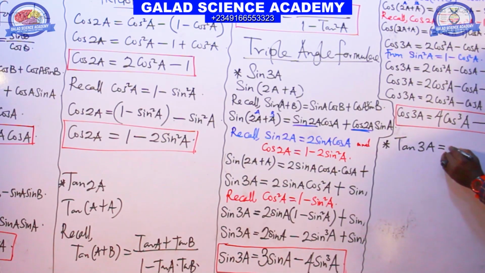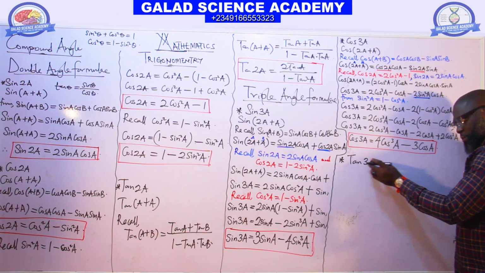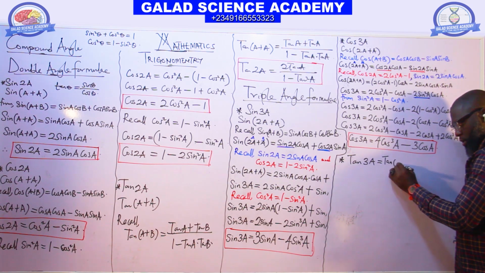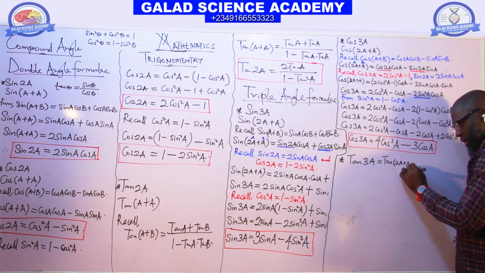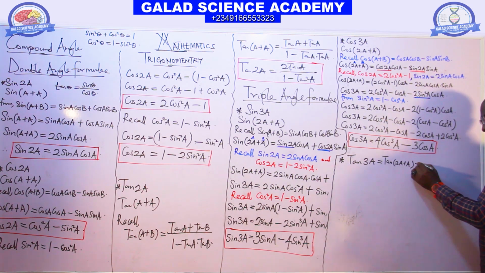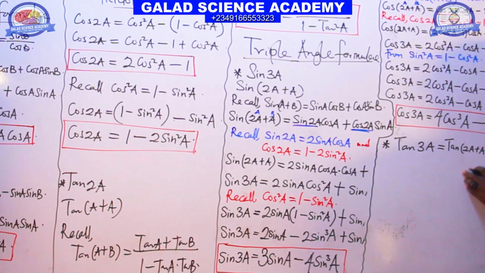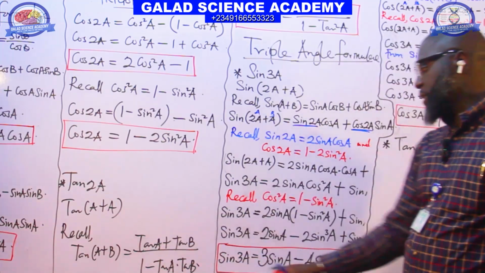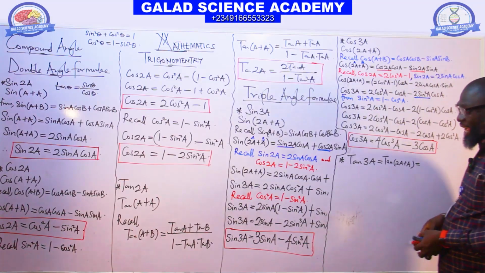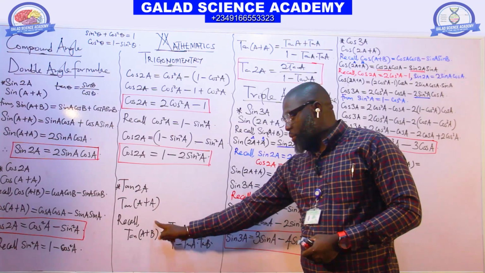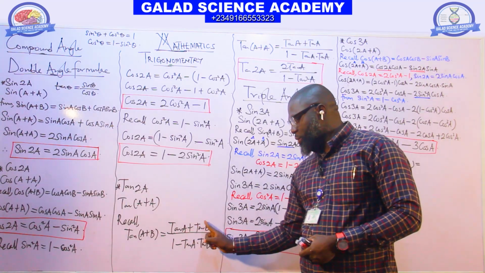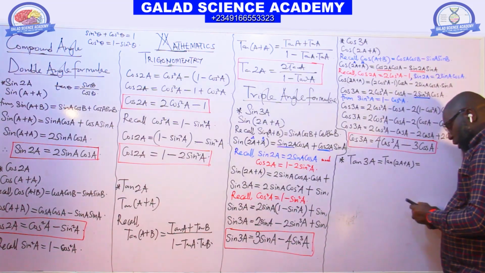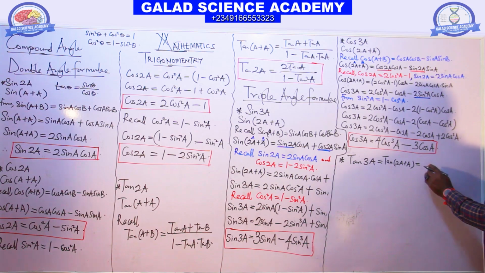It will split this into 2, to give us tan of 2A plus A. From this identity of tan of A plus B, equal to tan A plus tan B over 1 minus tan A tan B. So let us apply that scenario there.